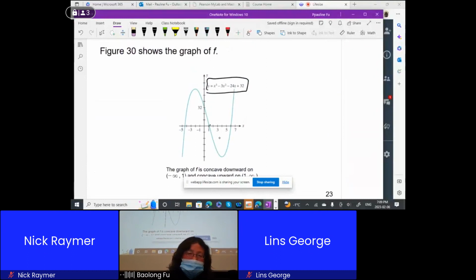Can you find a point where the concavity changed? At which point does it change from concave down to concave up? 1. At 1, it changes from concave down to concave up. So 1 is an inflection point, because it changes from concave down to concave up.